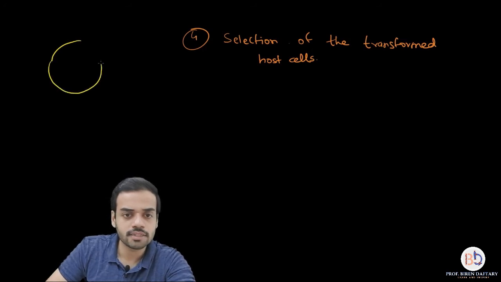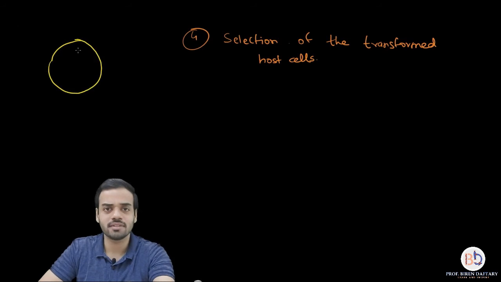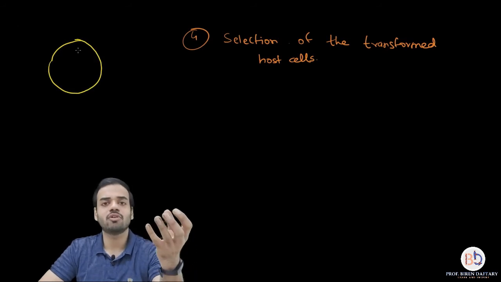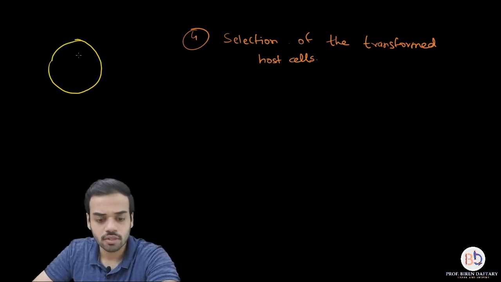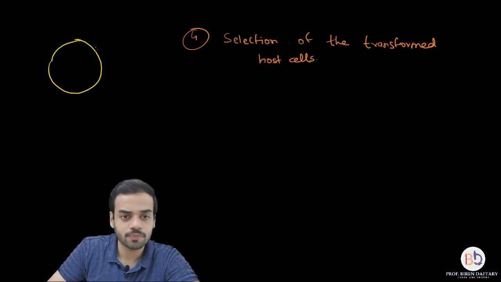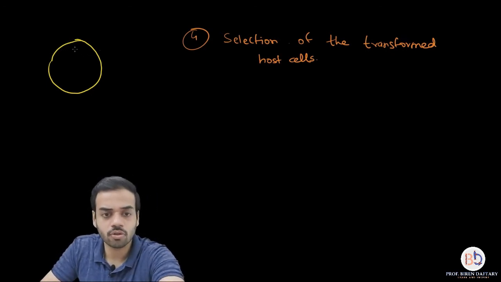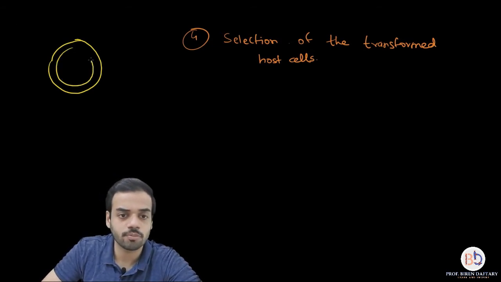PBR322 has an origin of replication, right? Then it has these antibiotic resistant sites. So I will draw two sites over here and show them with green color. Let me draw this properly. So this is your PBR322.